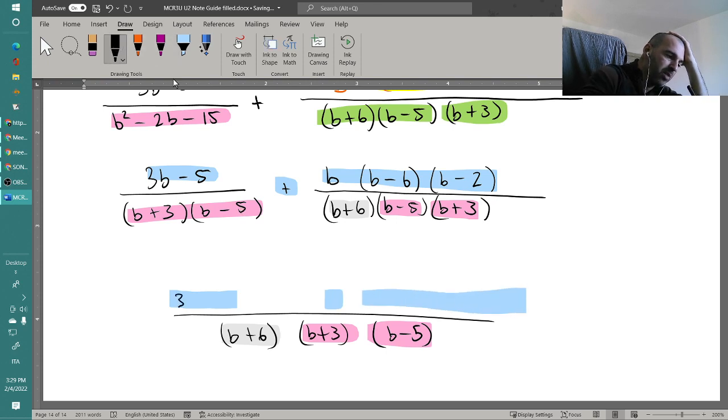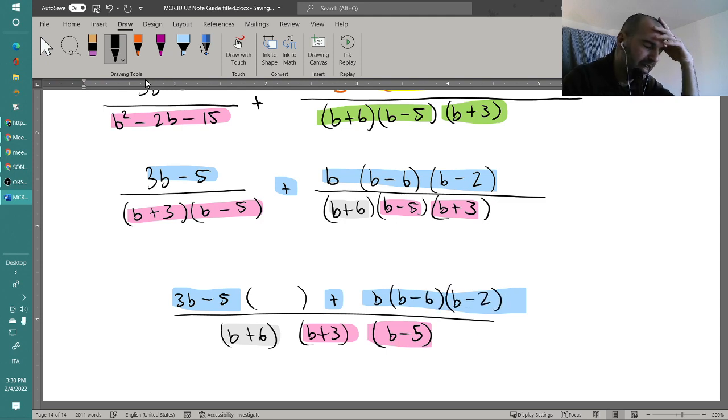So I'm going to write my 3b minus 5 here. Oops, that's supposed to be a minus. And then I'm going to leave a space so that I can multiply in. The plus goes there. And then this is just going to be b minus b plus 6 and b minus 2 there, okay? Now, what gets written here is the gray factor, b plus 6.